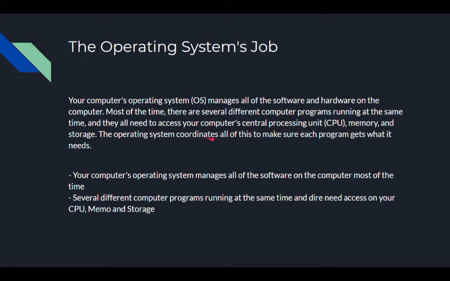Operating system coordinates all of this to make sure each program gets what it needs. Your computer operating system manages all of your software, so you don't have to do all the shenanigans. It just does what it does. These three right here, CPU, memory, and storage, are vital to an operating system.